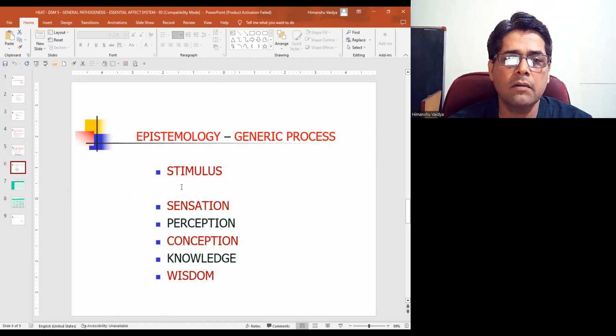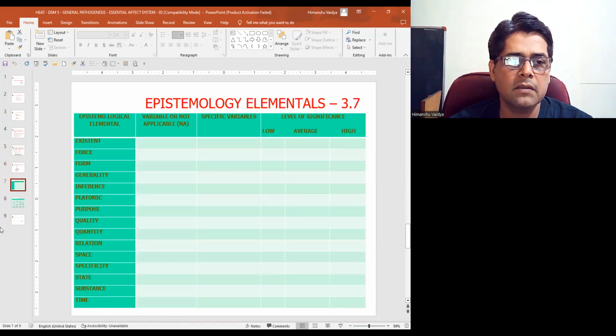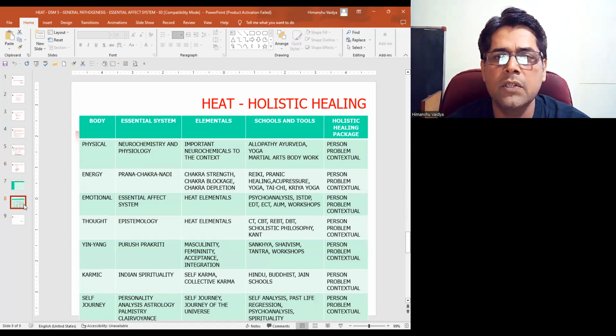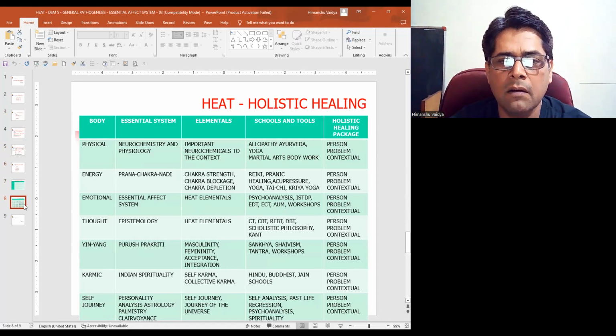Then we put in the epistemological generic process. Then we use this elemental. And then, based upon whatever elementals we feel need a correction, we use a basket of holistic healing tools to heal at the elemental level.